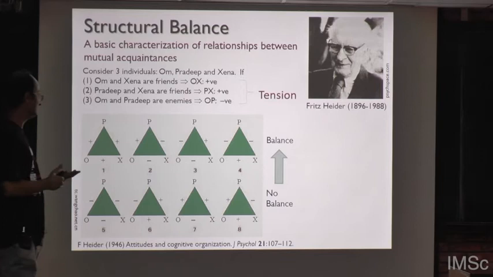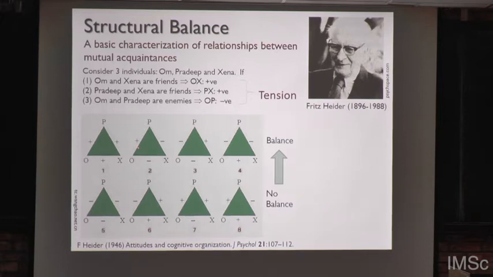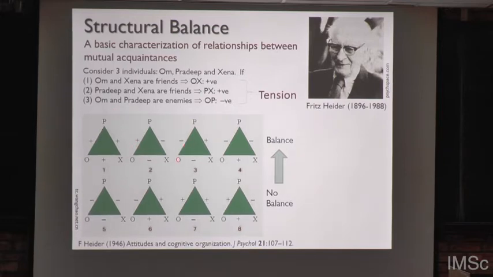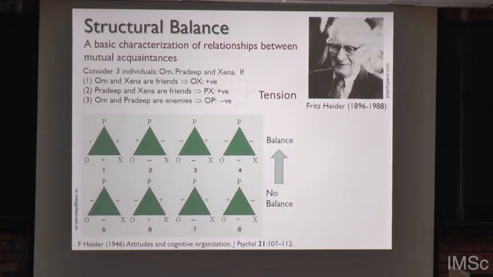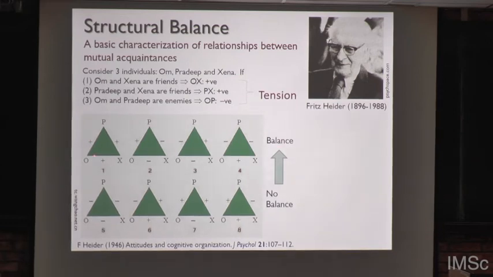And so the case he had in mind was, think of the following situation. So if you are considering all the possible relations that can exist between three individuals, let's just call them Om, Pradeep and Sinha. So then what are the different kinds of relations that can exist between them? Well, one of the simplest things you can think of is where they are all mutual friends. So everybody likes each other.